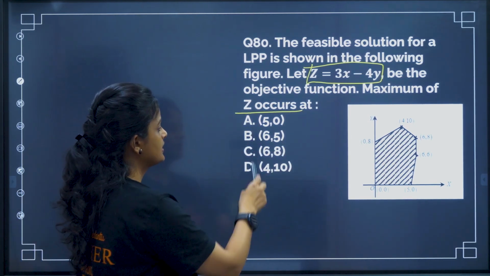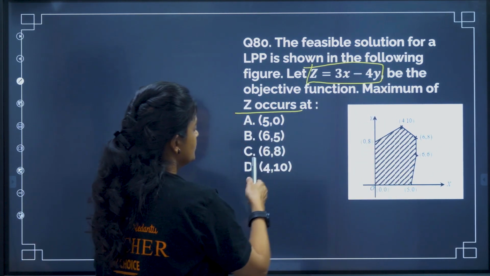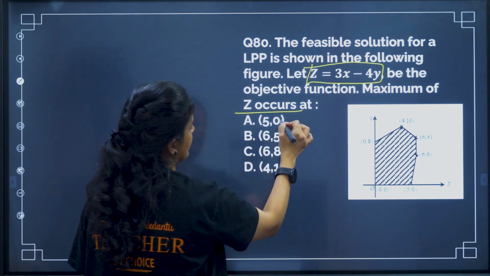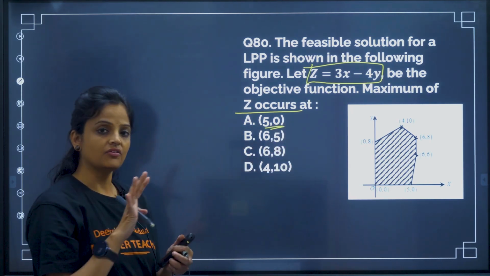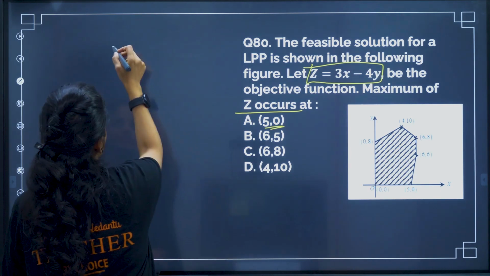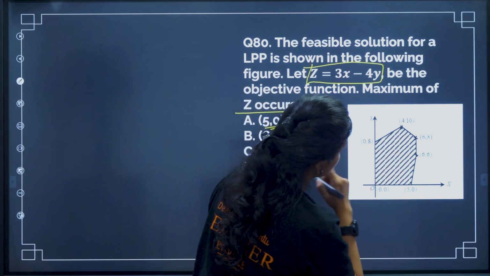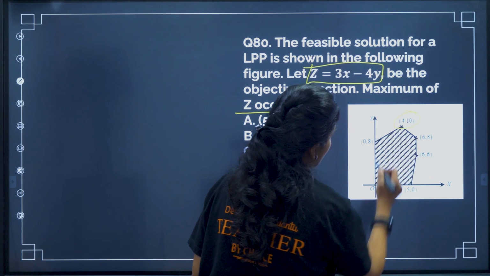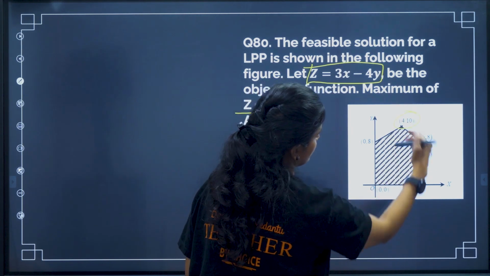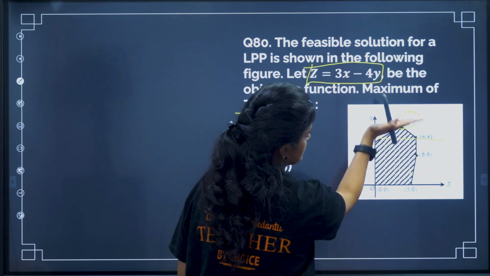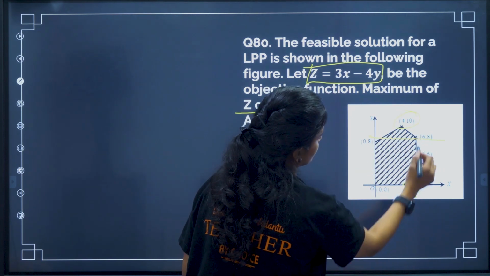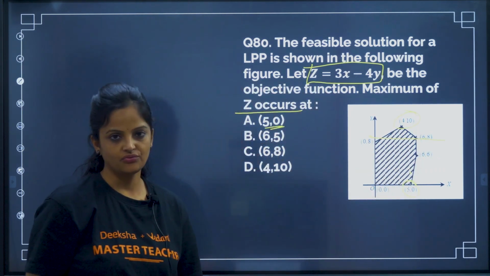Even if they had not given this diagram, you can easily make out that one point is on the x-axis, and accordingly you roughly take the diagram. Roughly, after seeing this is the maximum point, that is the maximum value. I am getting somewhere here this much. If I see these points, that is enough for us.